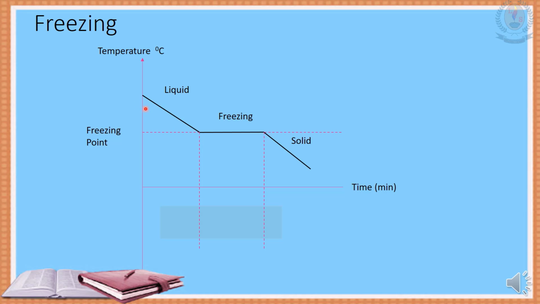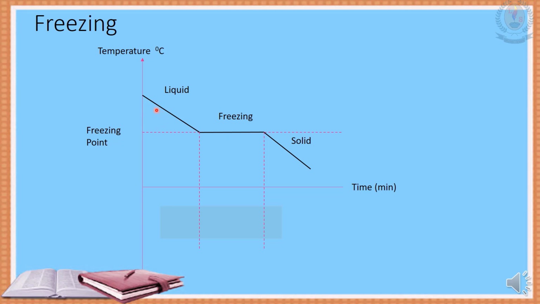Heat is removed from the liquid particles and the particles lose energy and move slowly. As a result of that, the particles will be very close to each other. Some liquid particles lose sufficient energy for the particles to come closer together.